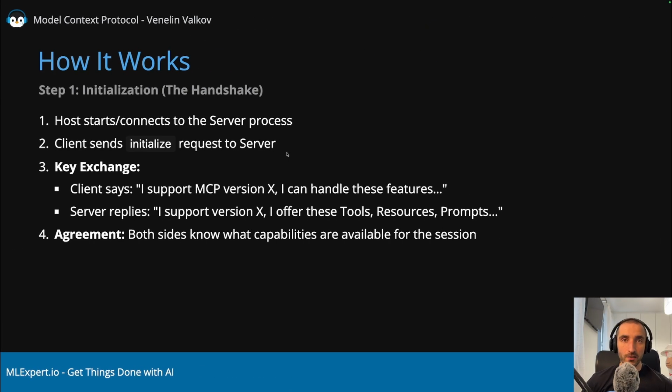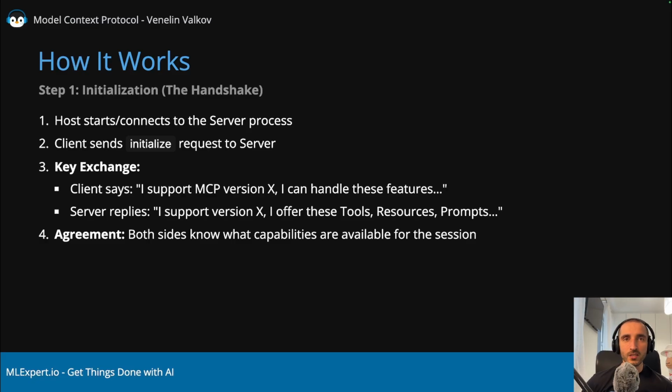So these are the primary things that you get, and how this works under the hood is in two stages or two steps. The first one is the initialization or the handshake. Here the process is actually getting to know both the client and the server as they connect or do their handshake. Essentially, what is happening under the hood is both are specifying what their capabilities are and what resources they have available.